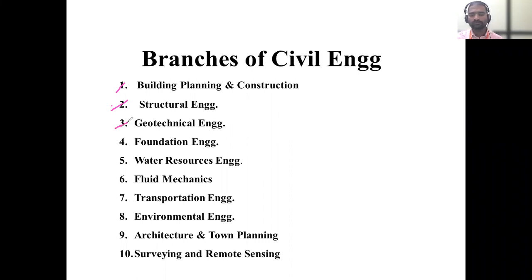Geotechnical engineering is related to soil.